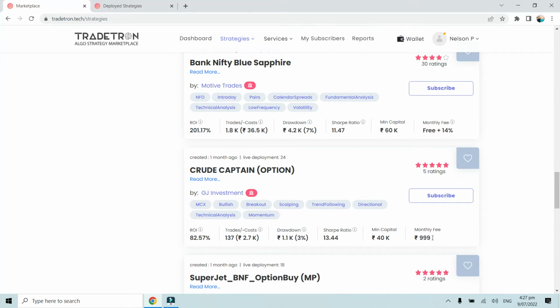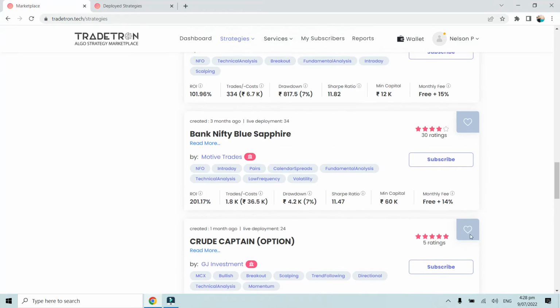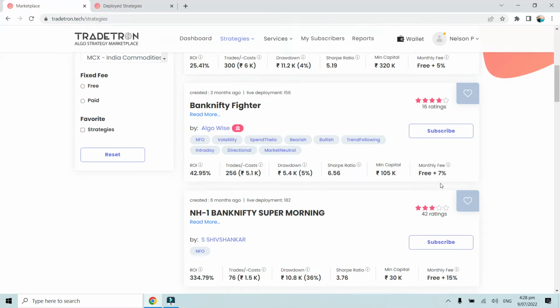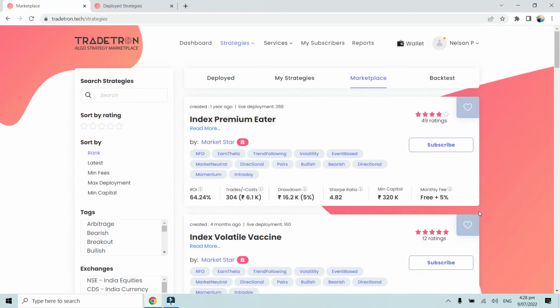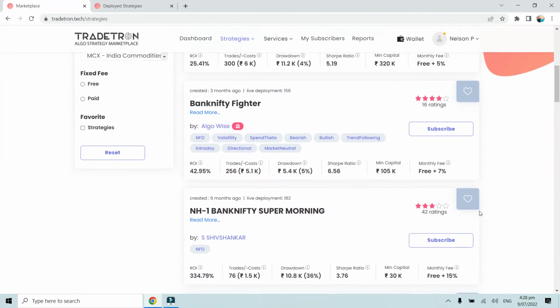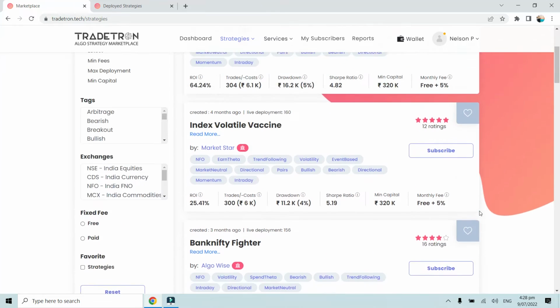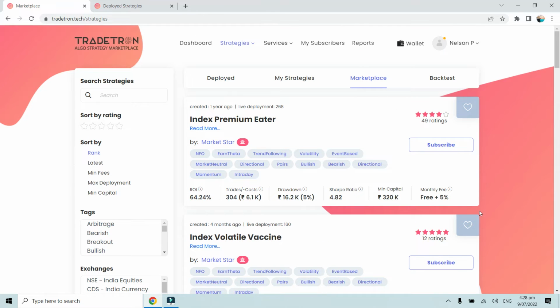Some strategy creators charge a fixed fee. Some keep the fixed fee free, but they charge a variable fee of 5% based on the profits that you generate. So whatever profit you make, you will have to pay a certain share to the strategy creator based on the invoice created at the end of the month, once you have deployed the strategy live in your broking account.